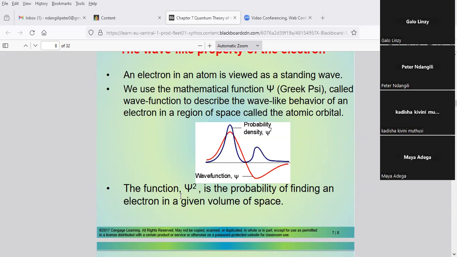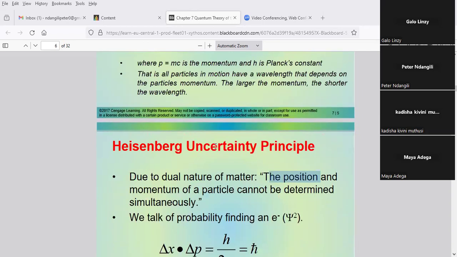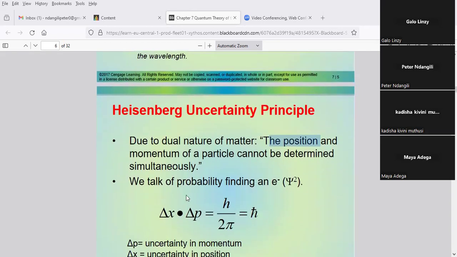Yes, ask your question. Okay, it's not about the Heisenberg uncertainty. Yes, it is on the other slide, explaining about the quantum mechanics. I'm not hearing you very well.